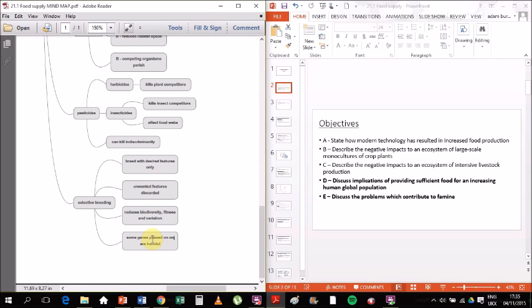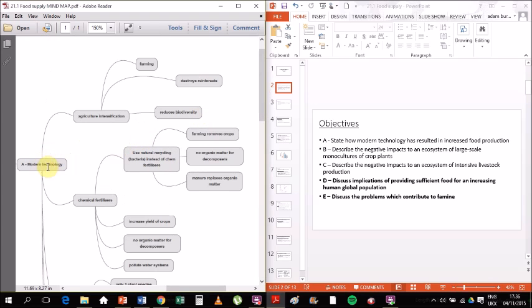Some genes that are passed on are not noticed, maybe because they're not acting, but can be secretly passed on without being noticed, then come into effect at a later generation and actually be harmful, but we wouldn't know because they weren't in effect before. So the point is, harmful genes can be passed on in that process without us knowing. So that's objective A, modern technology. It's the biggest part of the topic.